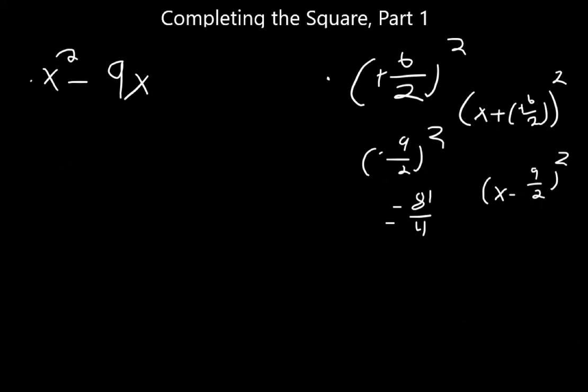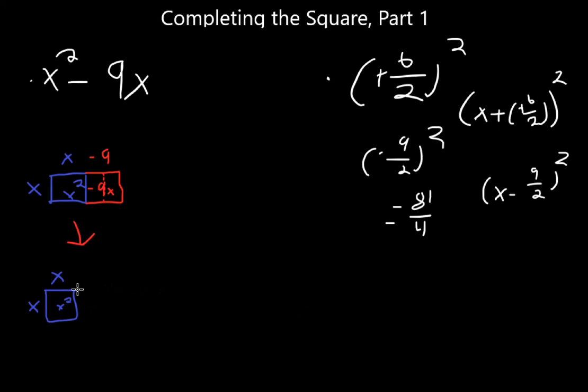So let's see if the area model confirms that. Well, we're going to have value x here, and we'll get x squared. Now this length will be negative 9. So we have negative 9x, and then we're going to cut it in half, which will give us the x here, x squared.